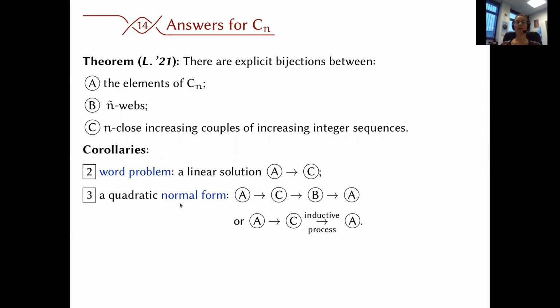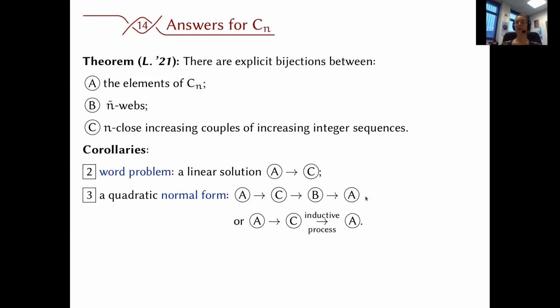And you can construct a quadratic normal form from this, because from these integer sequences you can reconstruct an element either by drawing the diagrams on this universal cylinder which I showed you, or by creating an inductive process, which is relatively easy to write down.